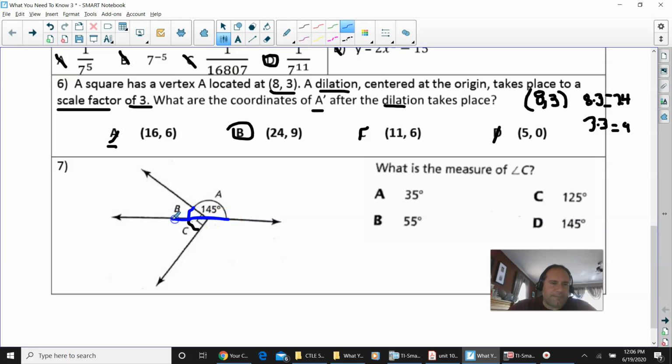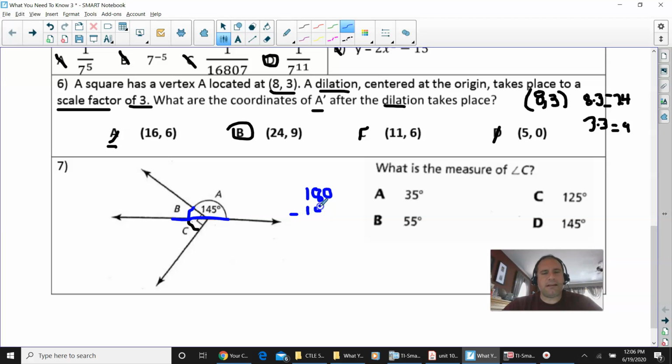Do you see it? So that means what minus 145? If you get B, then you could get C, because B and C equals 90. So what is this straight line equal to? If you're saying 180, you're correct. So you have to do 180 minus 145.